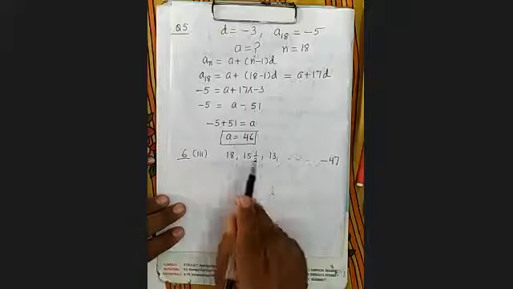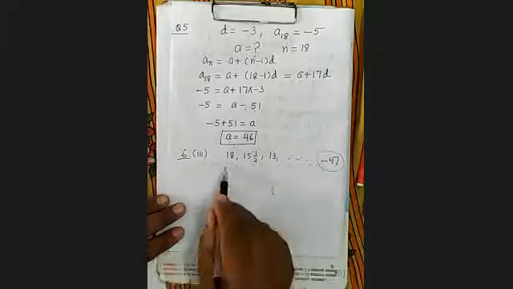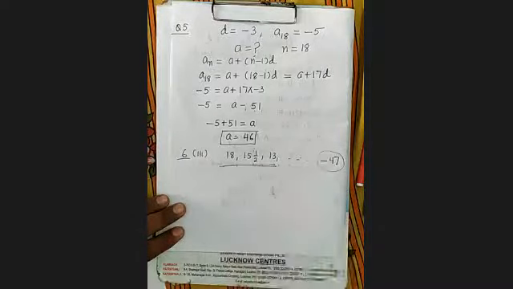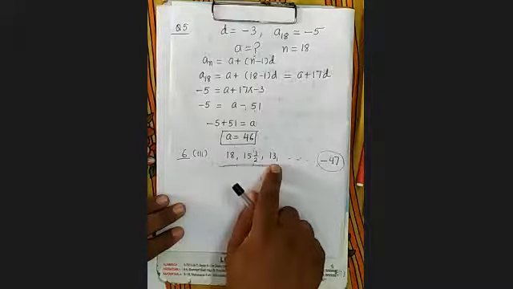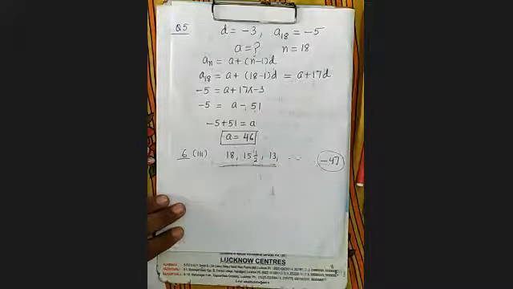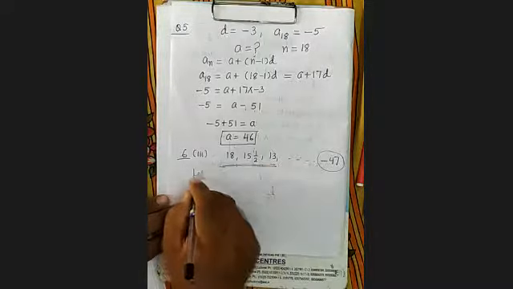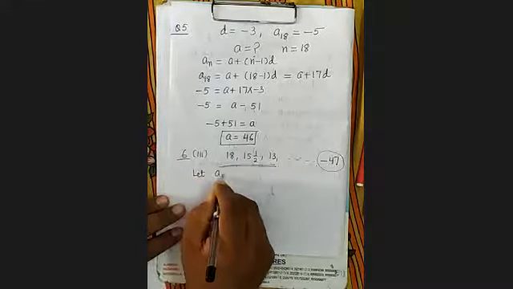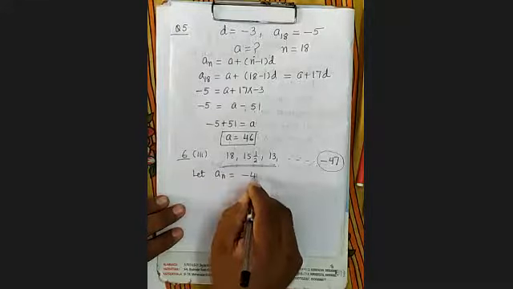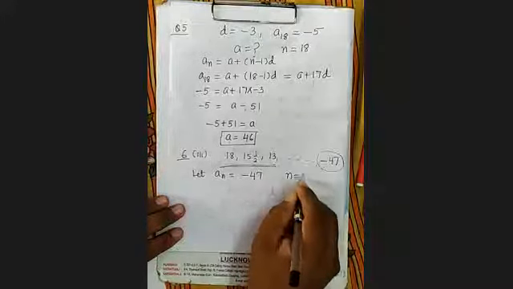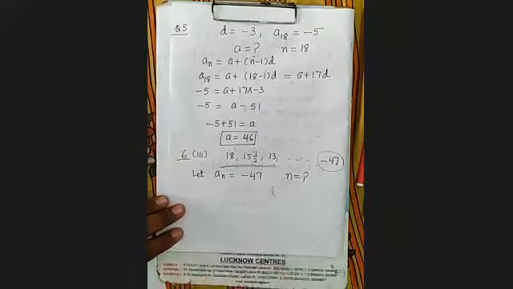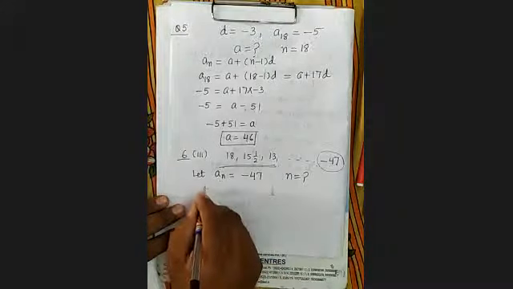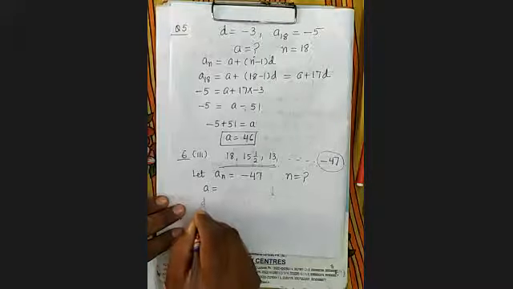Which term of this AP is minus 47? So you assume let An equals minus 47. So you have to find n. It is clear? Now what is A here? Who will tell?